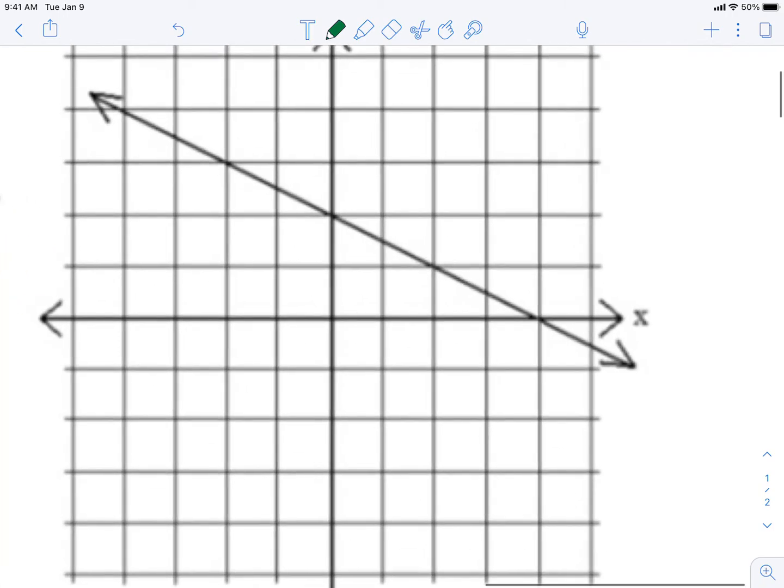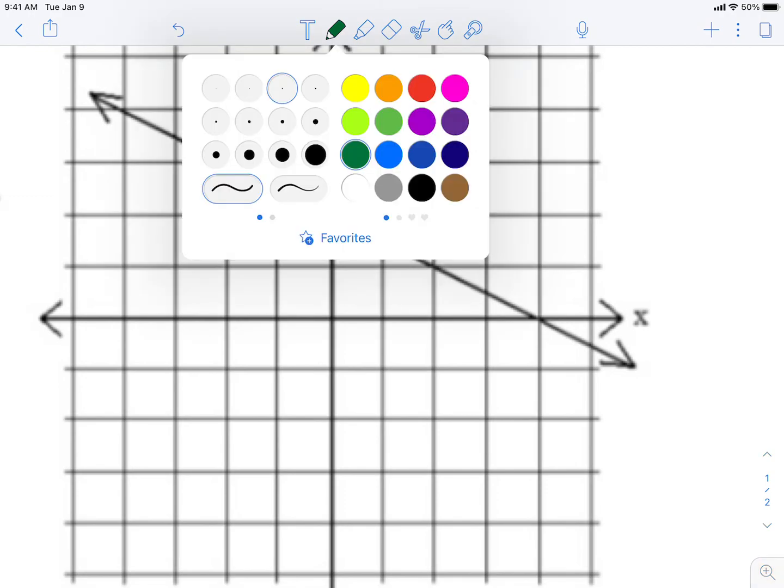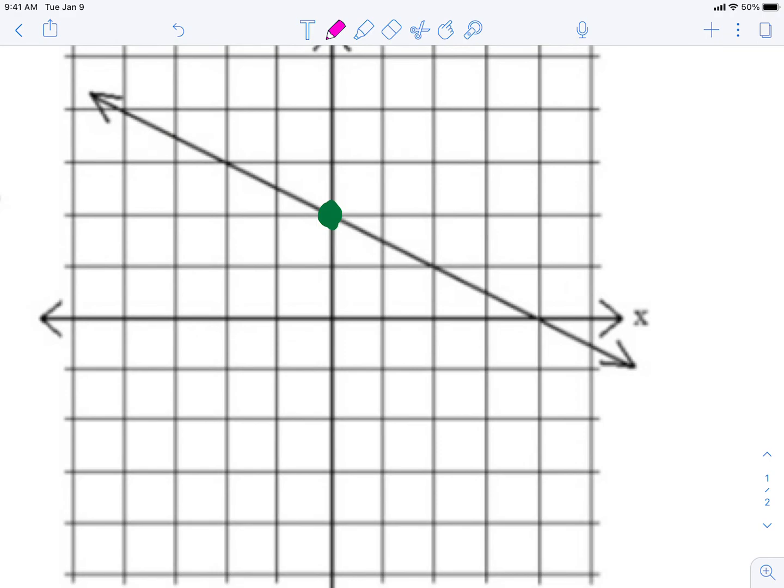Let us remind ourselves that to find the slope of 2 points, we need 2 exact points. In this case, this green one here is one of the points, and another exact point is this one here.